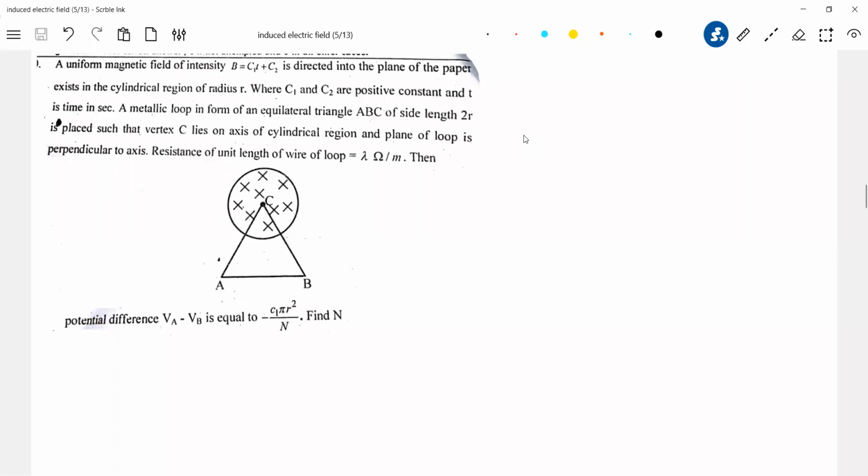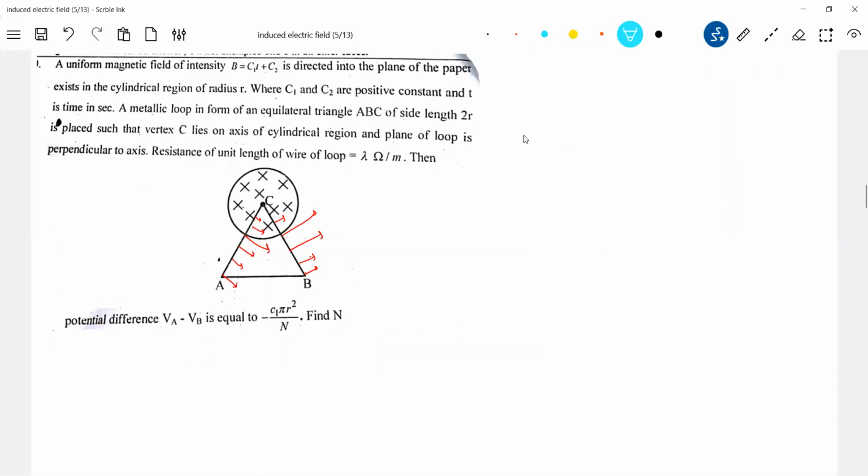So dB by dt should be equal to C1. Then E_OA, E_CA and E_CB, everywhere E bar is perpendicular.